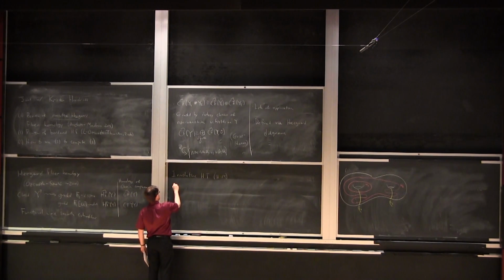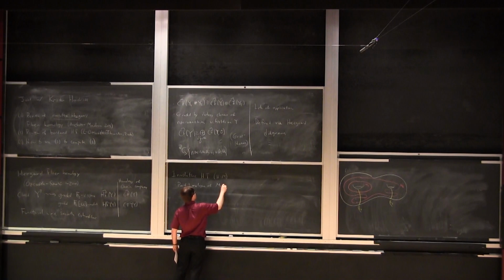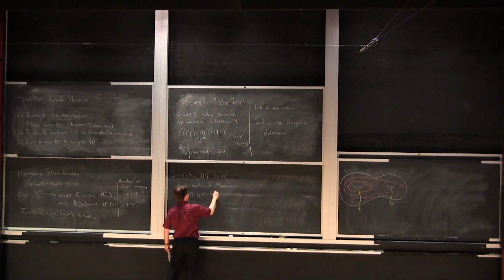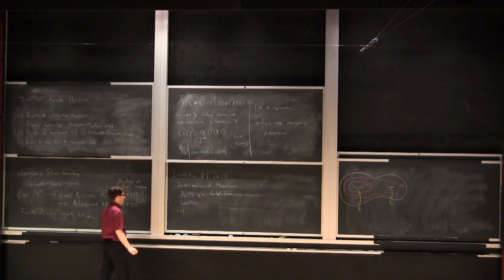So this is a partial analog of Manolescu's Pin(2)-equivariant Seiberg-Witten Floer homology, which was also developed extensively with a different definition by Francesco Lin.